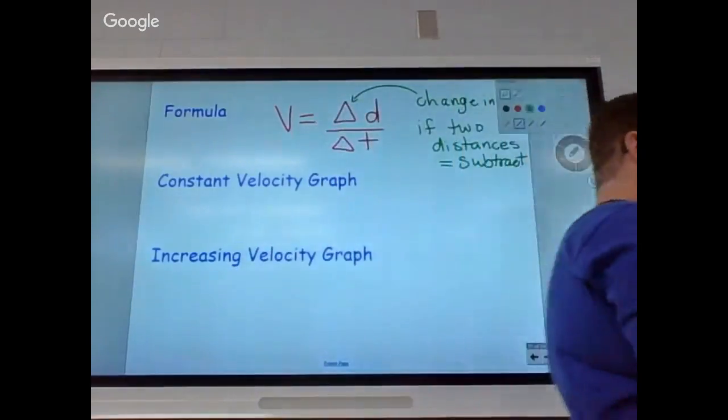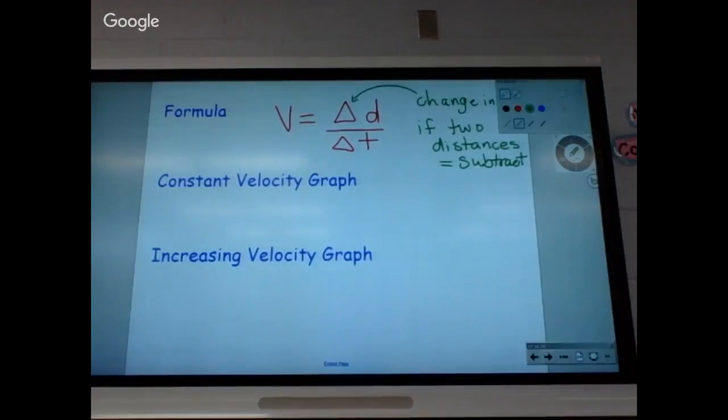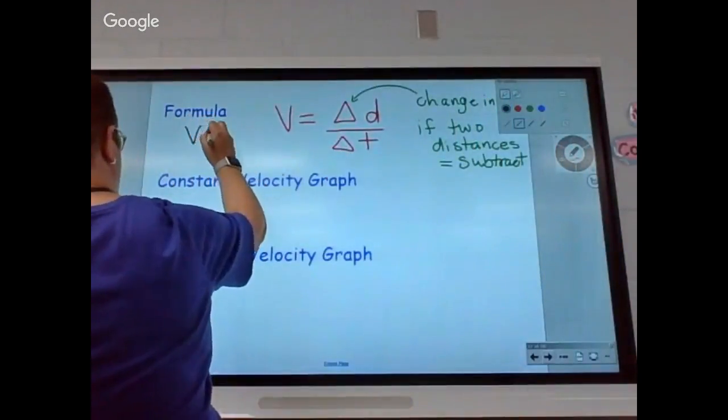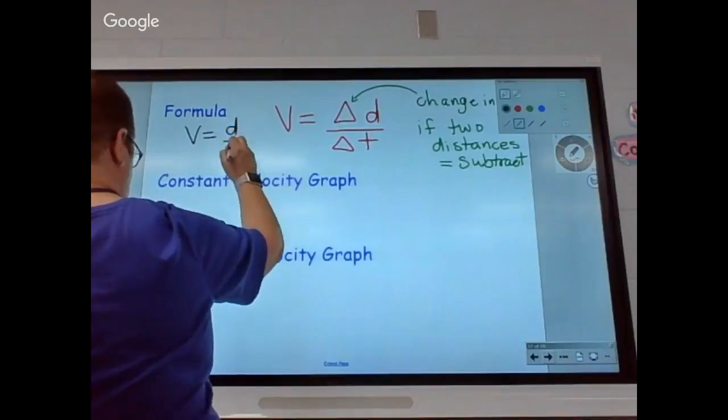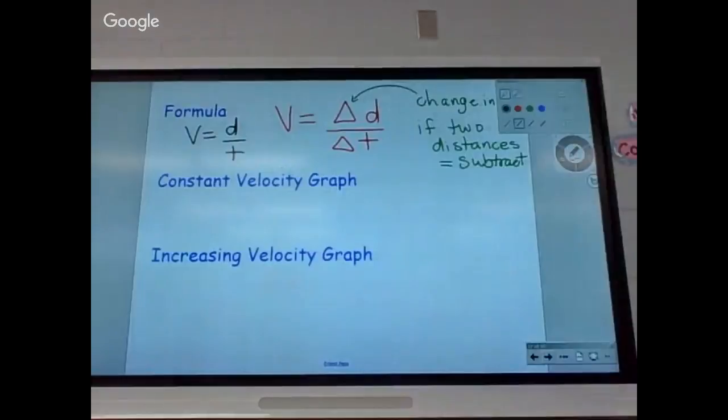Now, will there always be two distances, though? No. Sometimes there will just be one. So if there's just one distance, do you have to subtract? No. So you can write this formula as V equals D over T. It means the exact same thing.